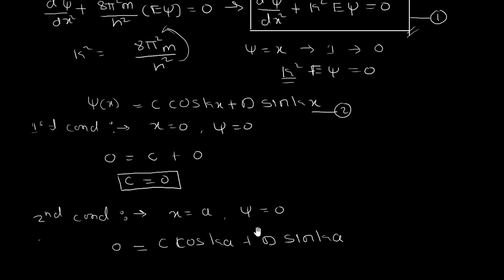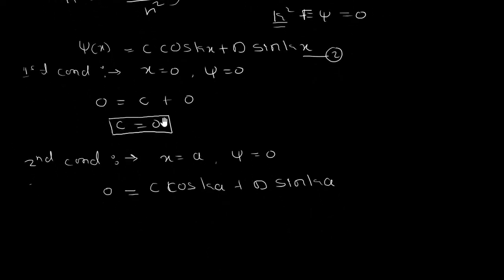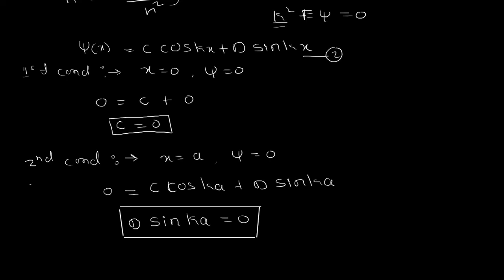We already know that c equals 0, so the entire first term becomes 0 and we are left with only d sin ka equals 0. Keep it inside the box. This is also an important term in this derivation.